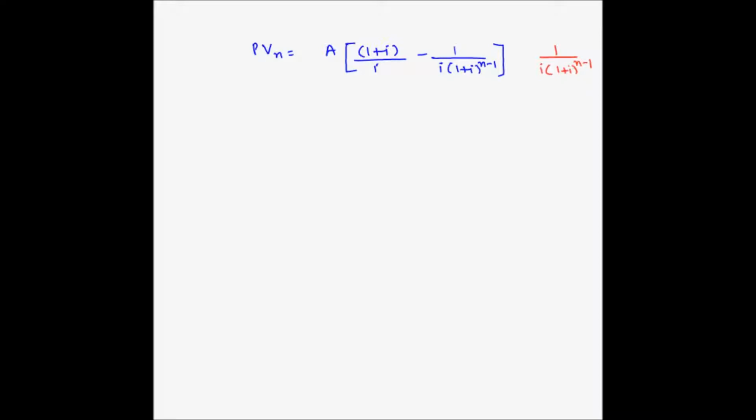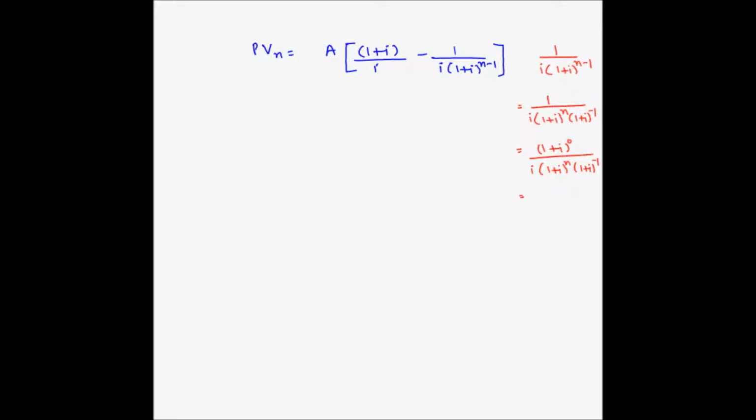Now this can also be written as 1 divided by I into 1 plus I to the power n into 1 plus I to the power minus 1. Now the numerator can be written as 1 plus I to the power 0, because anything to the power 0 is 1, divided by I into 1 plus I to the power n into 1 plus I to the power minus 1.